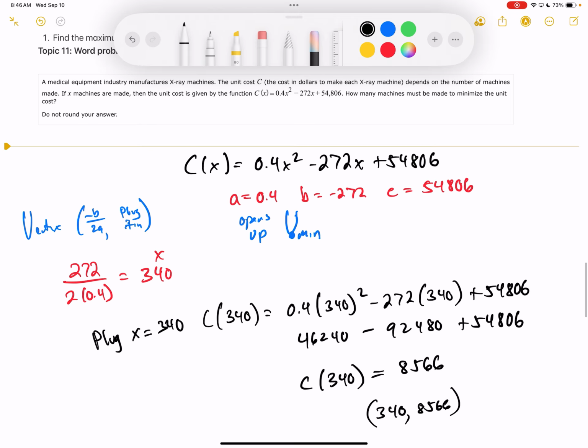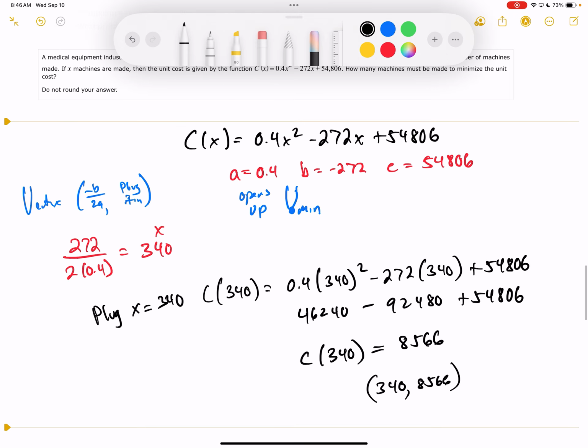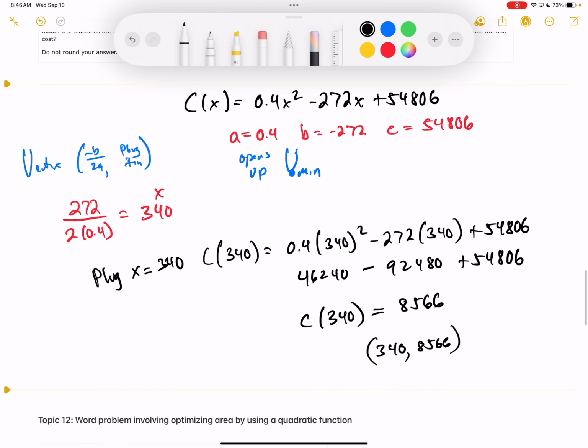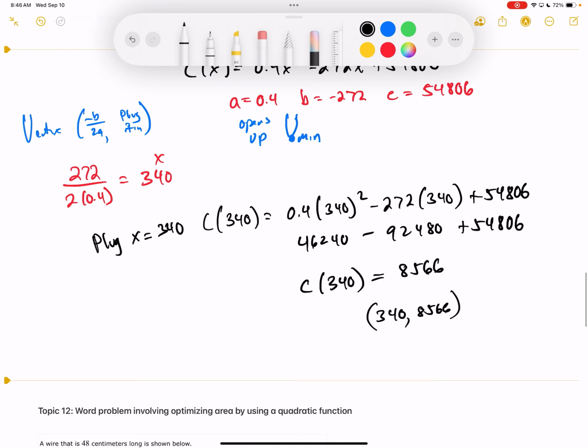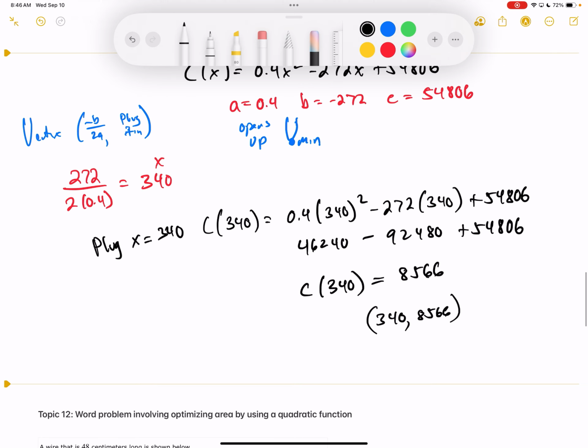So it says how many machines must be made to minimize the cost? Oh, you know what? We might not even need to do the y. If we make 340 machines, it minimizes our cost to 8566.